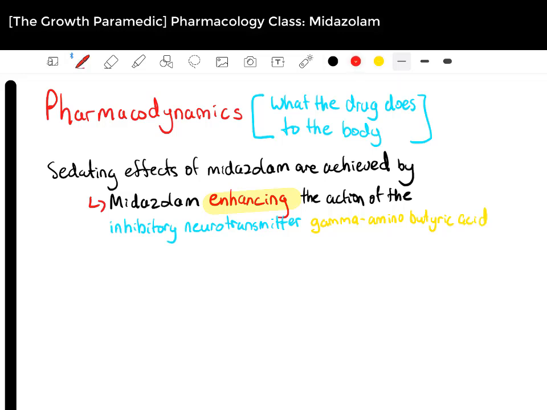And really, I don't ever call this the gamma aminobutyric acid because that's just way too long. I'm going to refer to it from now on as GABA. So really, as long as you know that midazolam is enhancing the action of GABA, and GABA is an inhibitory transmitter. So let's continue on from this one.